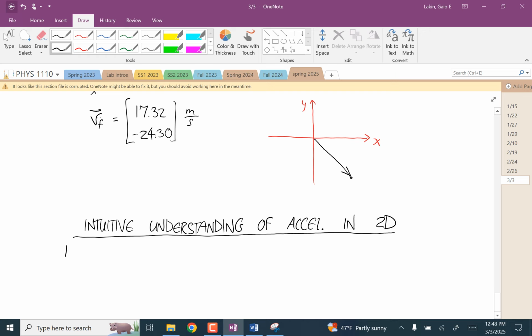Okay, so in 1D, acceleration only means that the speed is changing.